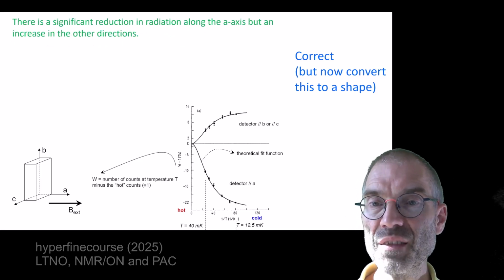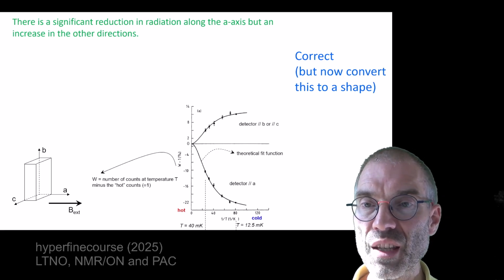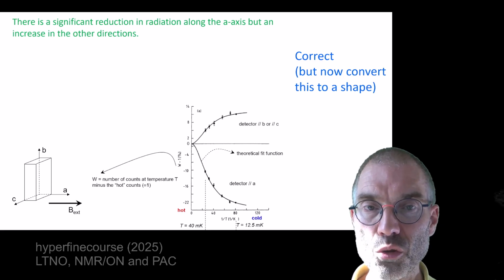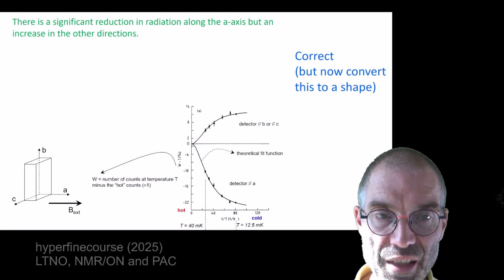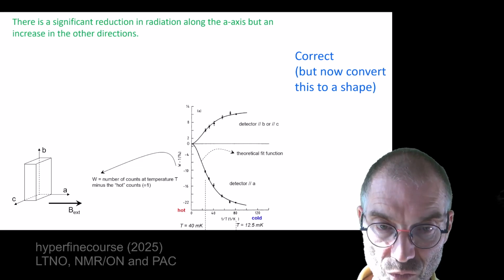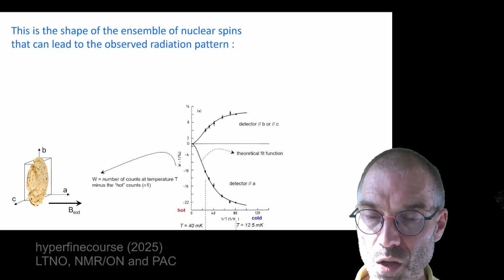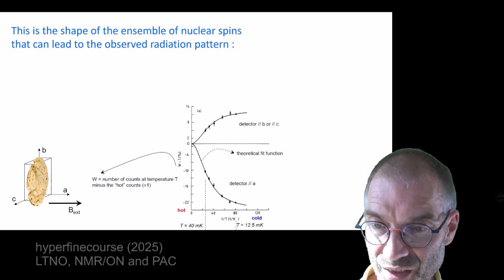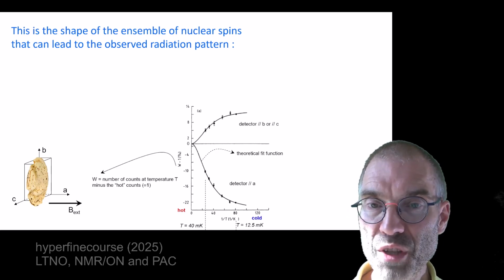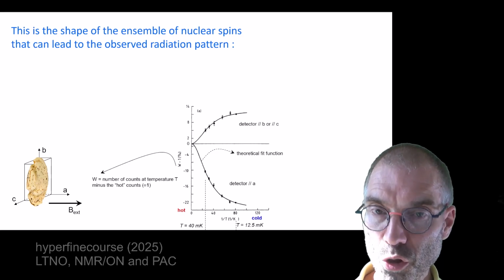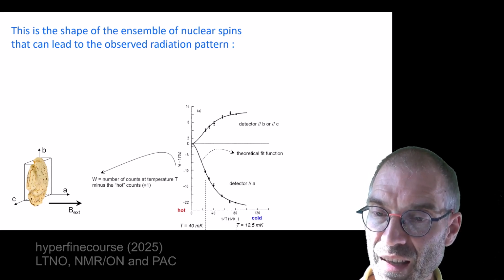And once again, a significant reduction in the radiation along the A-axis and an increase in the other directions. Correct observation, but what does it mean? Well, nobody tried to answer what it means in terms of the observed radiation pattern.